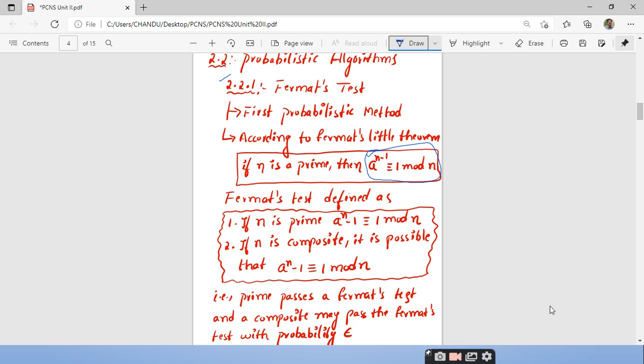You can see here that in a power n minus 1, the n minus 1 belongs to the exponent. But in the Fermat test we are just changing it. If n is prime, a power n minus 1 is congruent to 1 mod n. And if n is composite, it is possible that a power n minus 1 is congruent to 1 mod n.